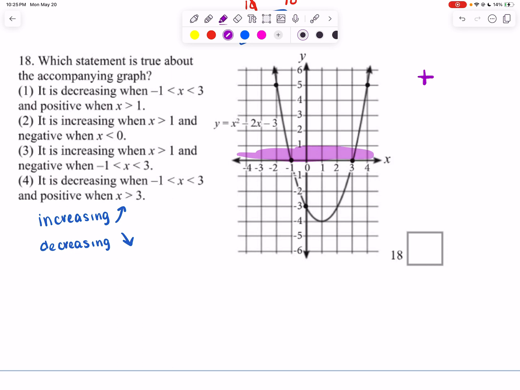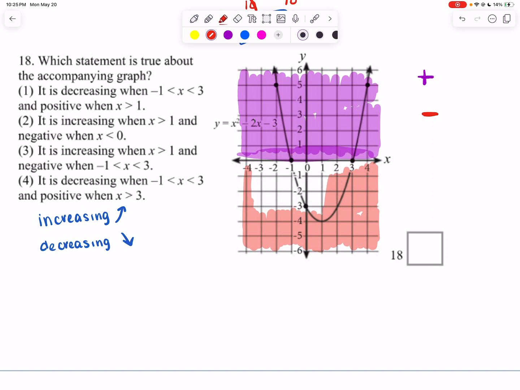So right here, this is positive. Let me shade that, because those are when the y values I get for my function are positive. And when it's negative, let's use red. When it's negative, it's going to be red, so that's below my x-axis. Let me finish shading.